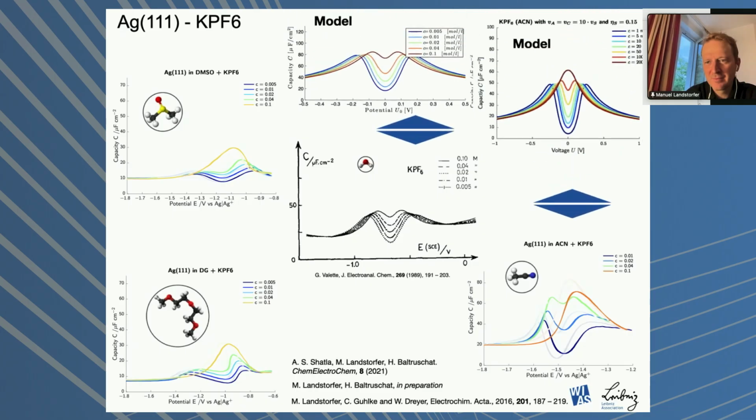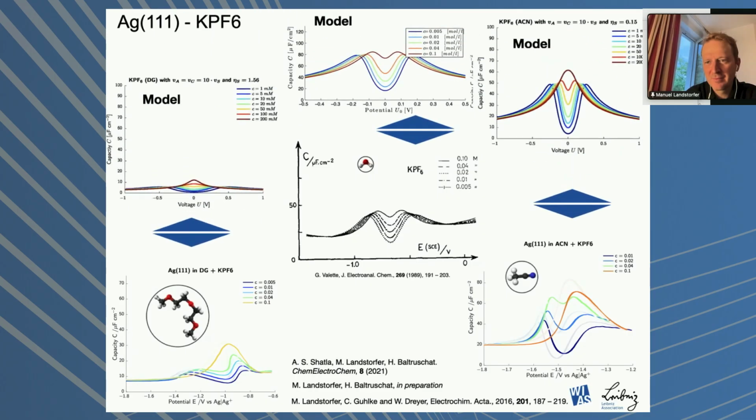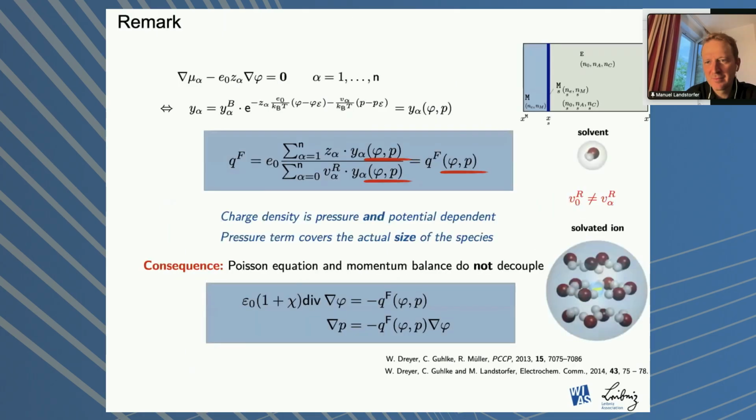And we can do model validation by trying to find the set of parameters for the different solvents which actually produce the differential capacity curves and thus validate the model framework. This is yet ongoing work, but we already found a pretty good agreement among the different solvents. To be clear, this is all the same set of equations, and the only quantity which is adapted is the solvation number for the different solvents.